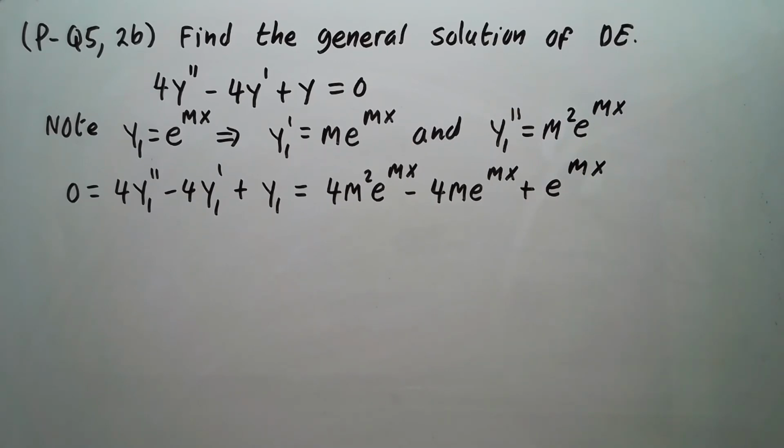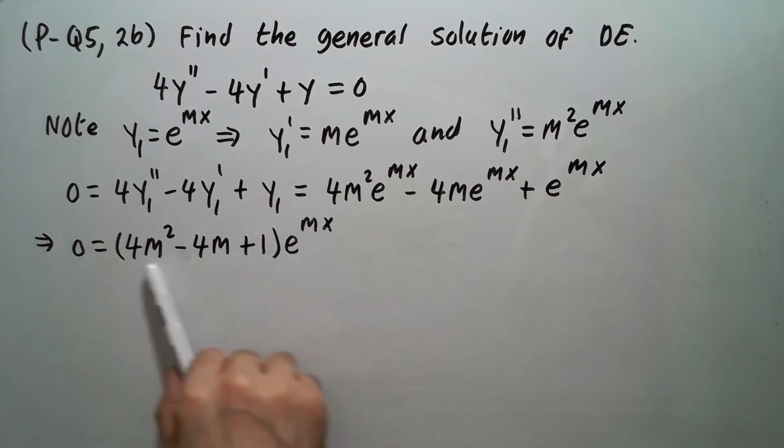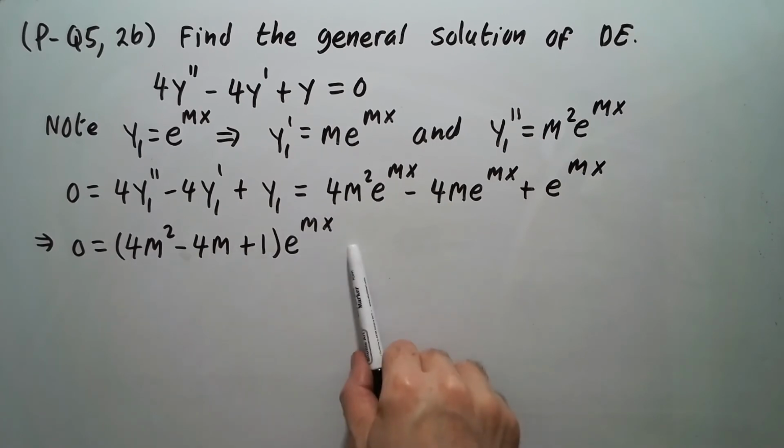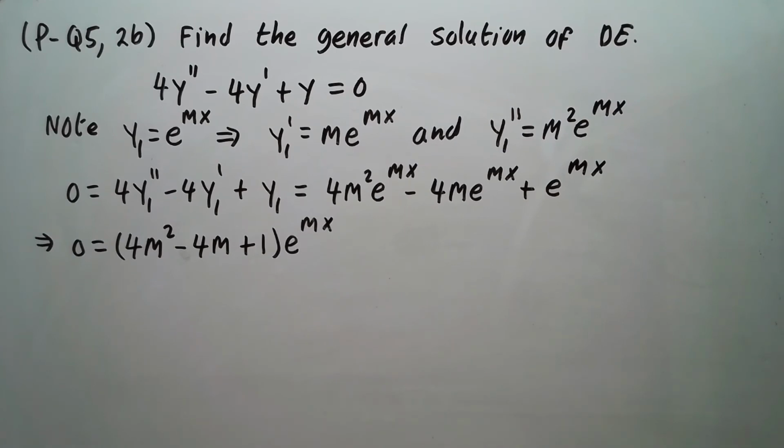So we get this, and now the e isn't 0, which means that this quadratic needs to be 0. You could use the quadratic formula if you wanted to, but you could also notice that this actually factors as 2m minus 1 squared. So it factors like this.